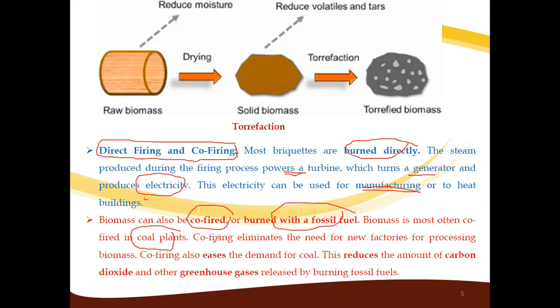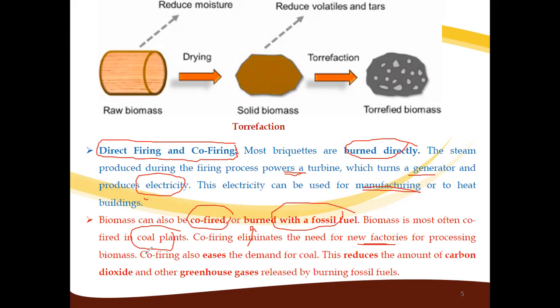Co-firing eliminates the need for new factories for processing the biomass. So if we co-fire this torrefied biomass with another fossil fuel, then we do not require any new factory or new production for processing this biomass.